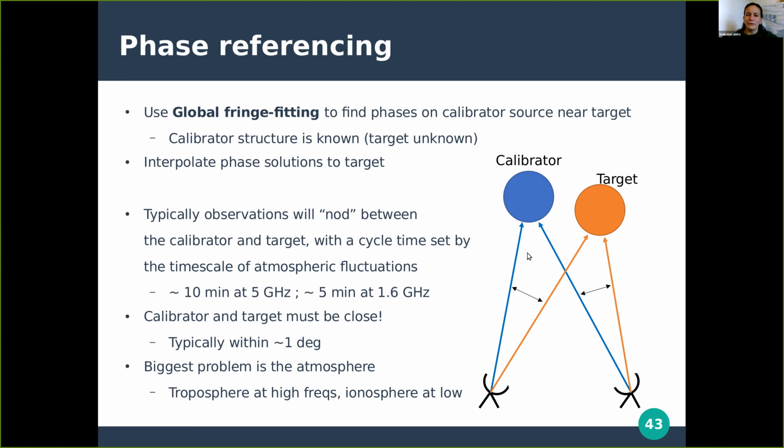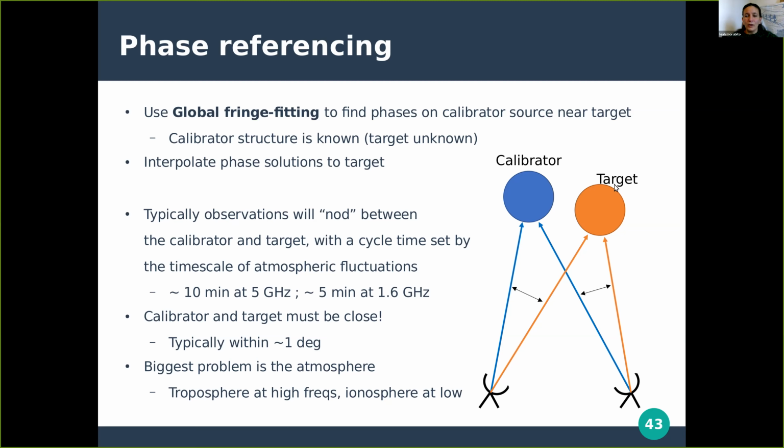We'll do global fringe fitting to find the phases on a calibrator source that's near our target, where we know the structure, because again, CASA needs a model of your source to be able to find the fringe fitting solutions. So you use a calibrator source that you have a good model for, you find your fringe fitting solutions, and then you transfer them to your target, or you interpolate them to your target.